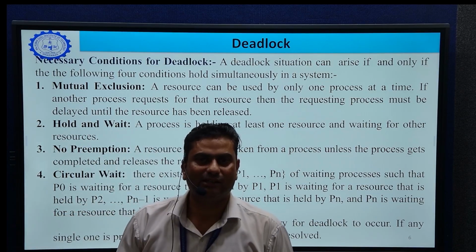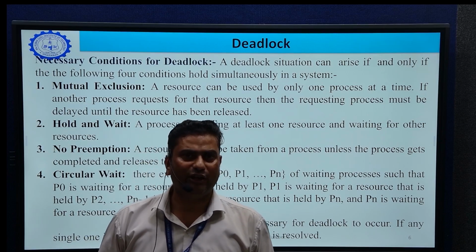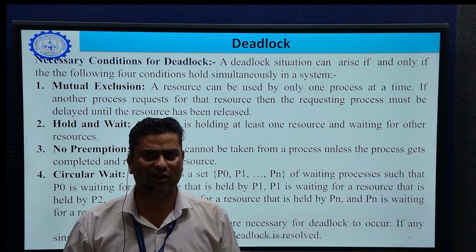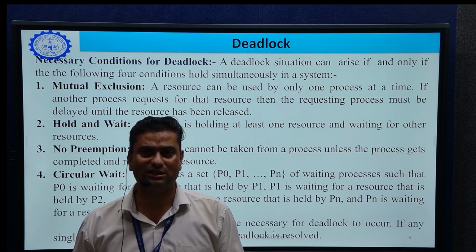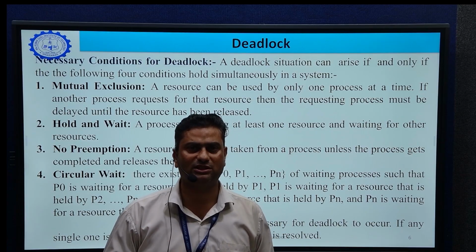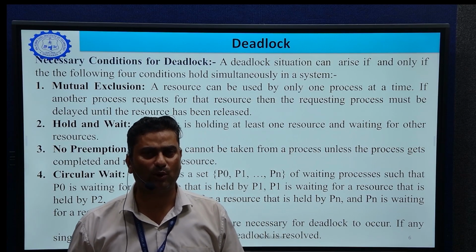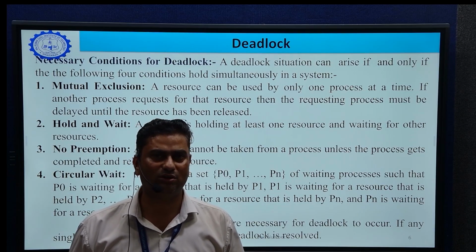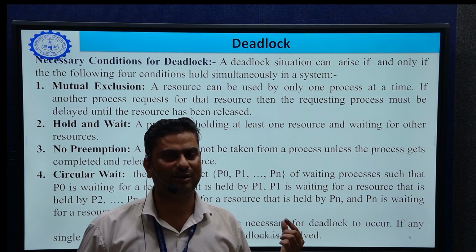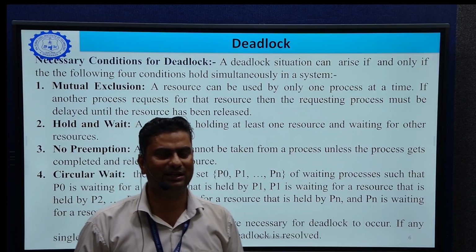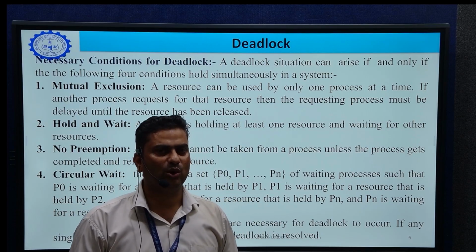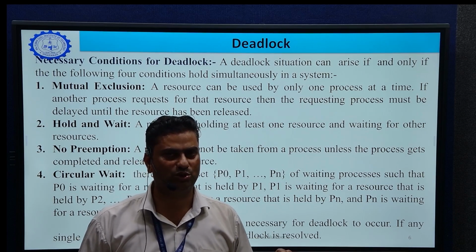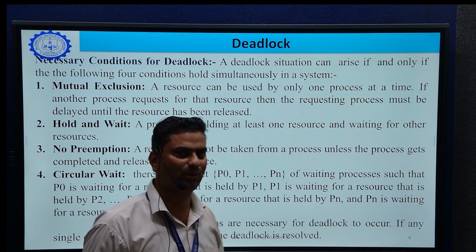No preemption says that if a process requests some resources, let's say R1 or R2, and those resources are already occupied by another process, let's say P2, and P2 is in the running state, then we cannot preempt those resources from the running process. In short, if a running process is holding some resources, they cannot be preempted from the running process.